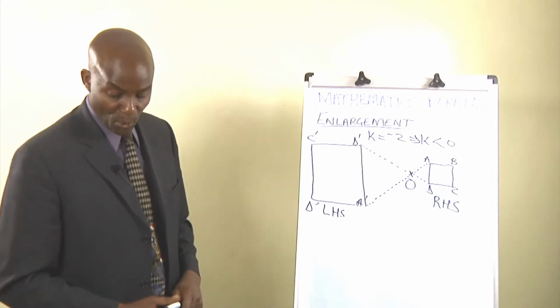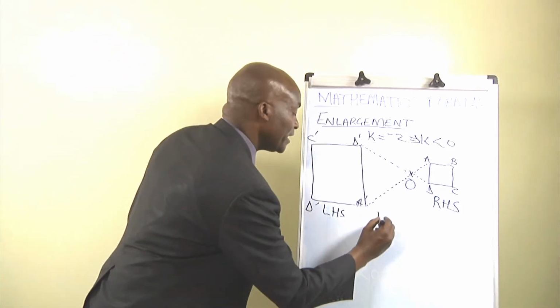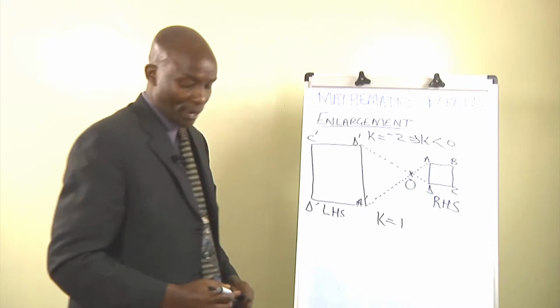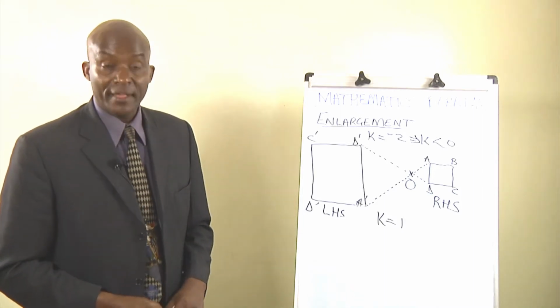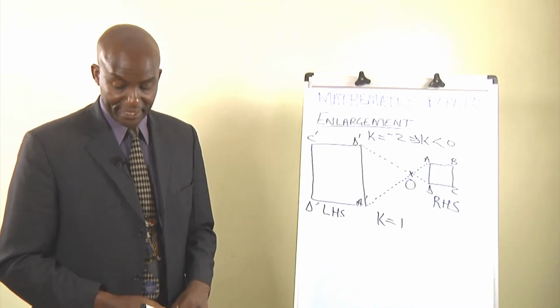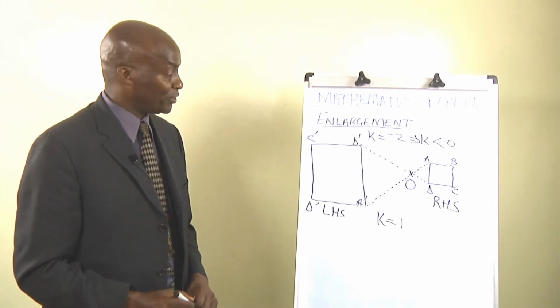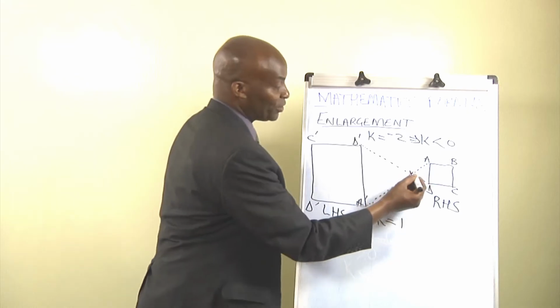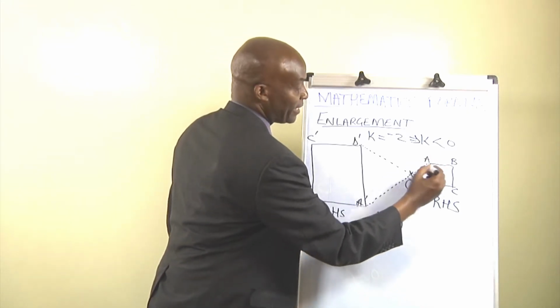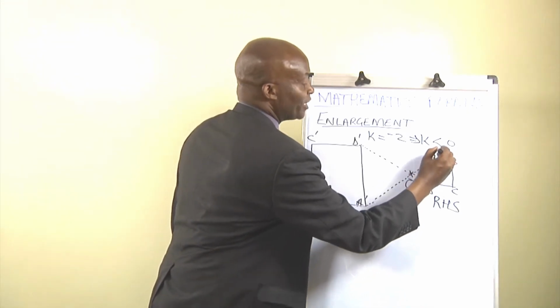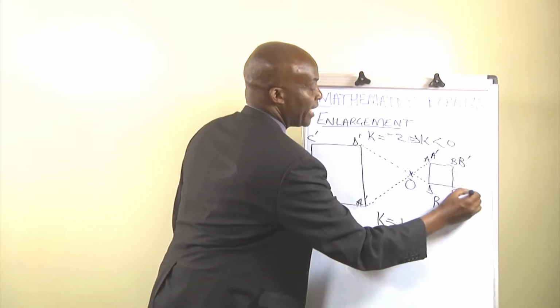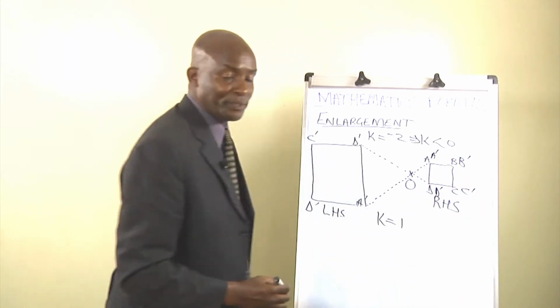Thirdly, the last one is when K is equal to 1. When K is equal to 1, the object and its image are congruent, or they are in the same position. So if K was equal to 1, the image would coincide with the object.